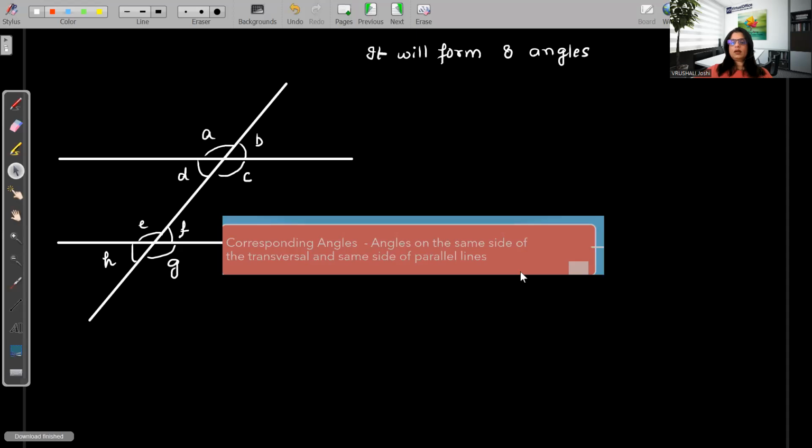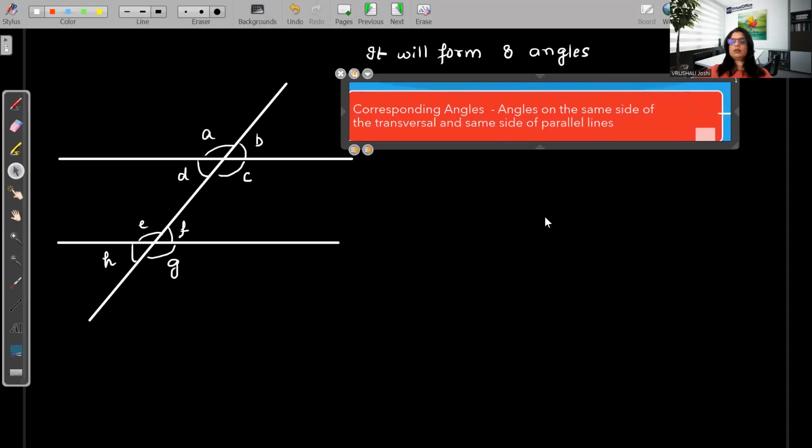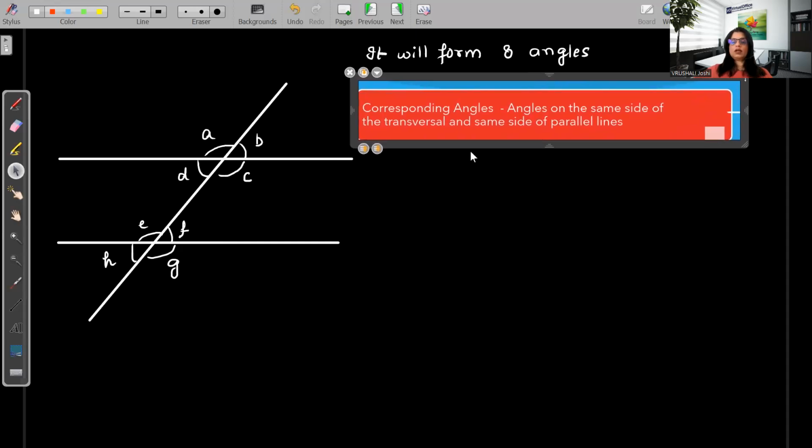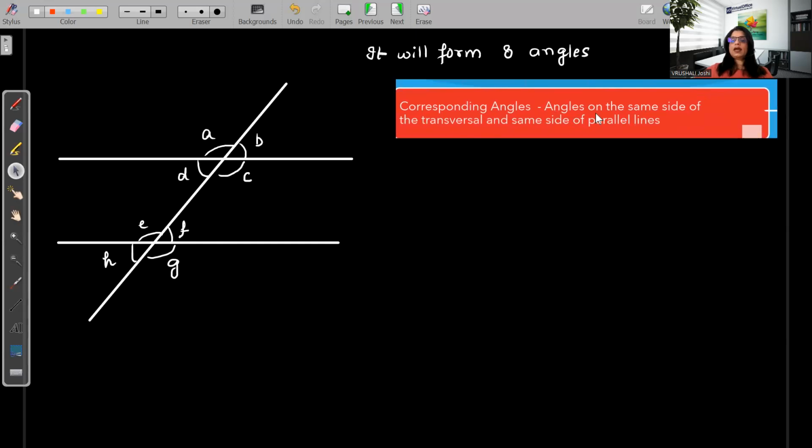I hope you're able to see this. So we're talking about corresponding angles. What are corresponding angles? As I said, they are angles on the same side of the transversal. Same side of the transversal means this side, we're talking about these four. Same side of the transversal and same side of the parallel line. That means what?